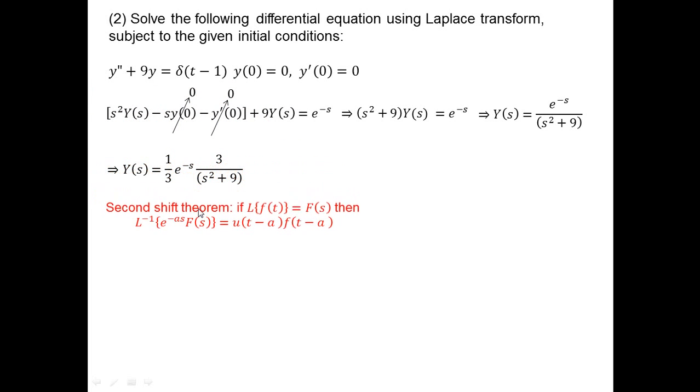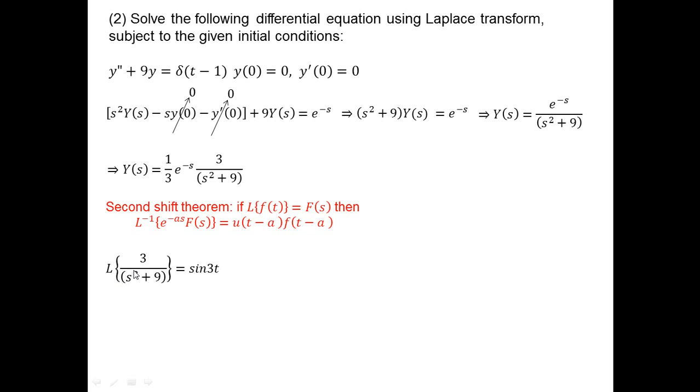The theorem that we need to use, and it is important to know, is the second shift theorem. The second shift theorem says if the Laplace of f(t), a function in the time domain, is F(s), then the Laplace inverse of e to the minus a s F(s) is equal to u(t minus a) f(t minus a), where u(t minus a) is a shifted unit step function.